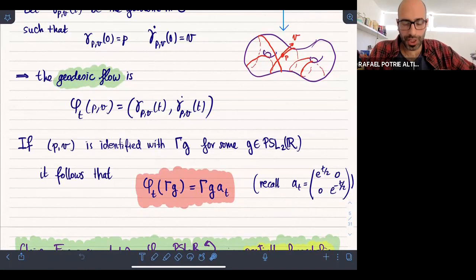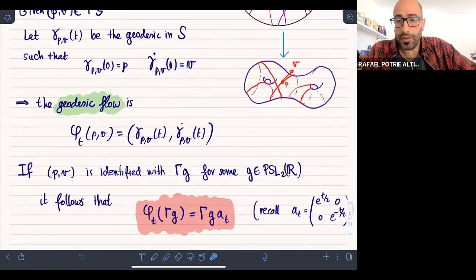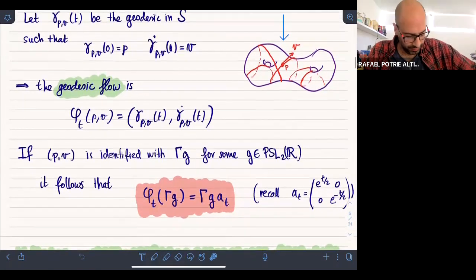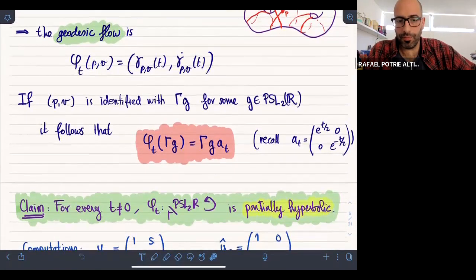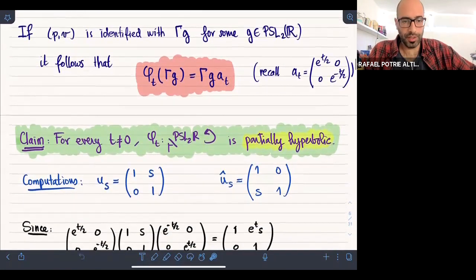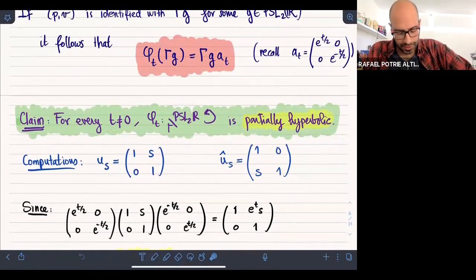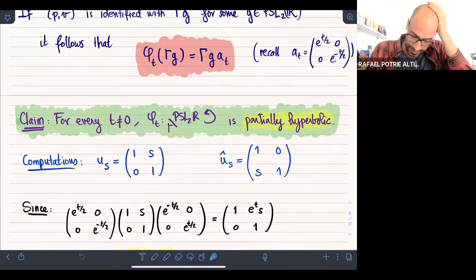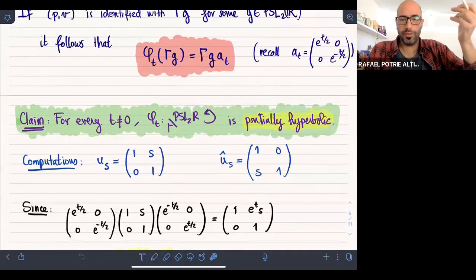So now I want to check that this dynamical system is partially hyperbolic. Okay, and this one is, for instance, taking A_1. But any time will work. So the claim is that for every t different from 0, this diffeomorphism of PSL2R is partially hyperbolic.